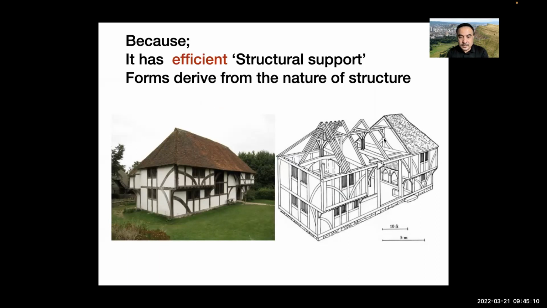So if you look at these images, right, you see the construction elements, column, rafter, and beam, right? All of it put together to create a form and a space for us to use inside.